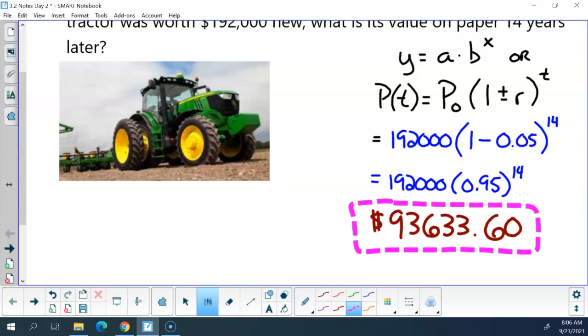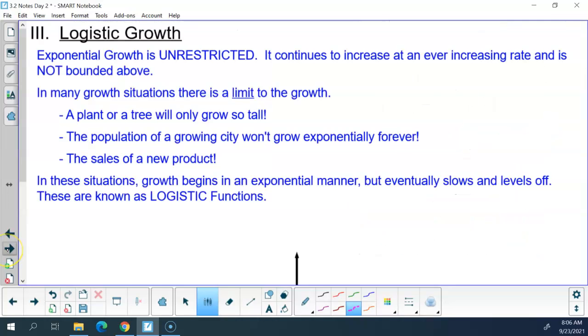Today we're going to introduce you to a new type of growth or decay function, called a logistic growth or logistic decay function. Now, an exponential growth function would continue to grow and grow forever.